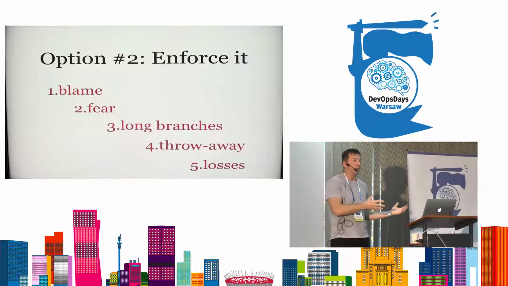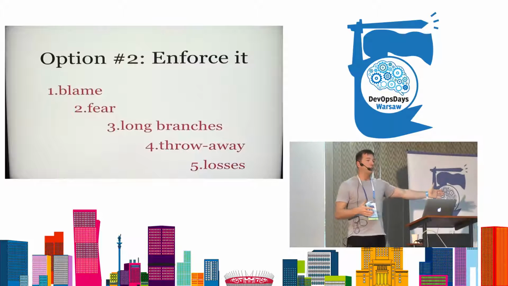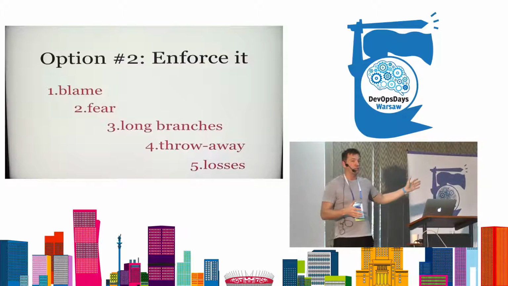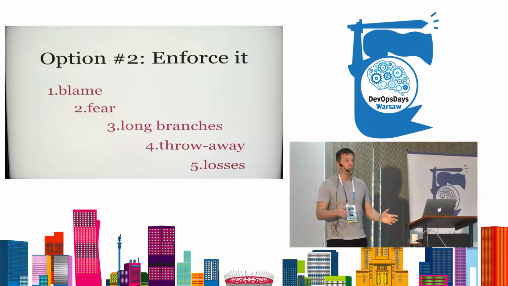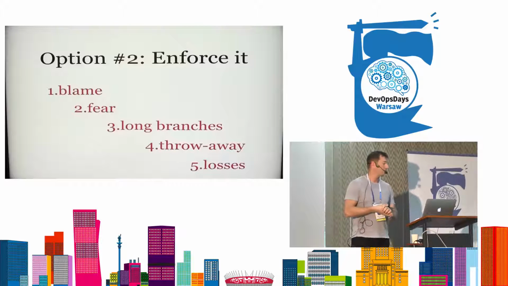This is the blame culture. If somebody breaks the build, we're going to blame you, and then you're going to work overtime to fix that. This blame culture leads to bigger problems, way bigger than just ignoring it, because it creates tension, it creates stress, it creates long branches, and then it's a lot of losses because throwaway code is in place. Okay, we have another question.